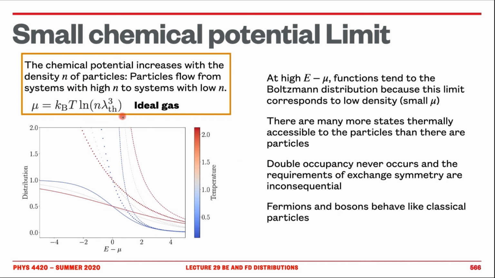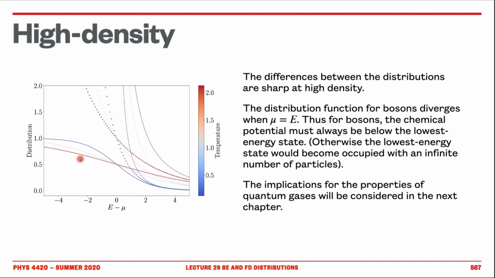Now let's try to have a look at the other end of the spectrum, which would be the high density, in other words, the high chemical potential, so here on the left-hand side. So what we see here is that the changes are very, very different. And we see that for the energy equal to the chemical potential, we have a divergence in the Bose-Einstein. Okay, so that means that, as I mentioned already a minute ago, all the energies have to be above the chemical potential for the Bose-Einstein.